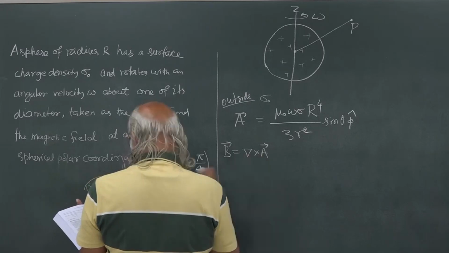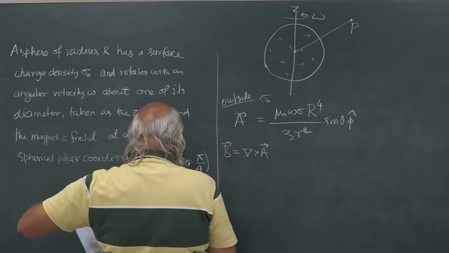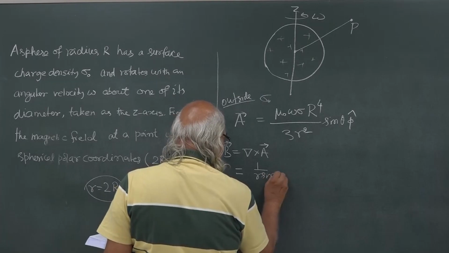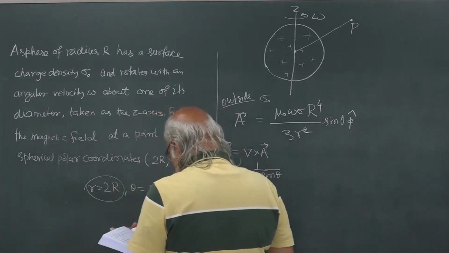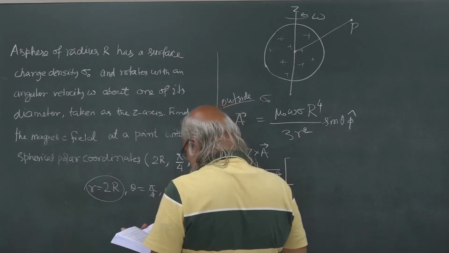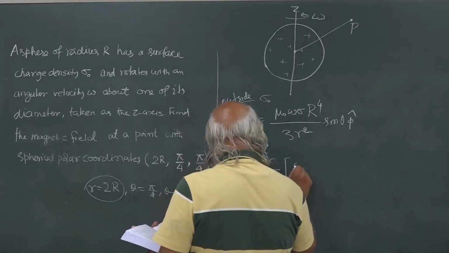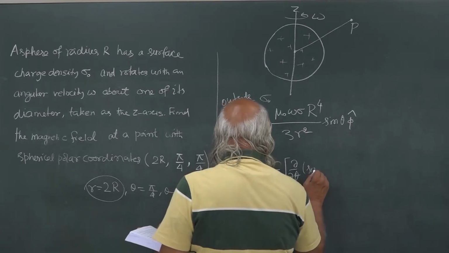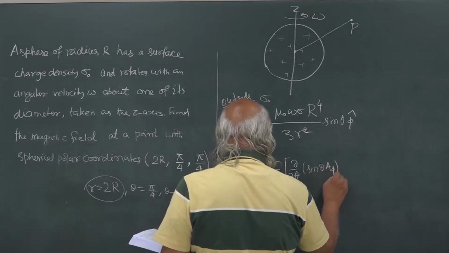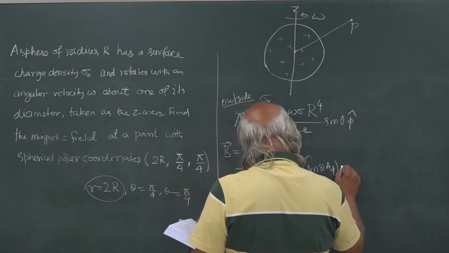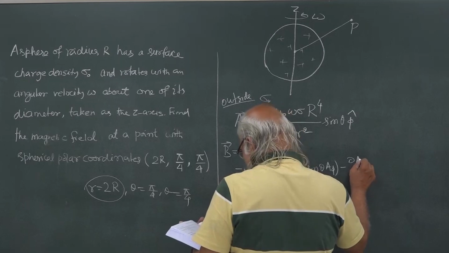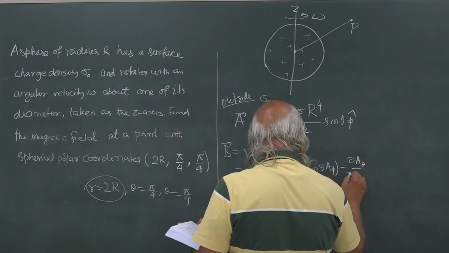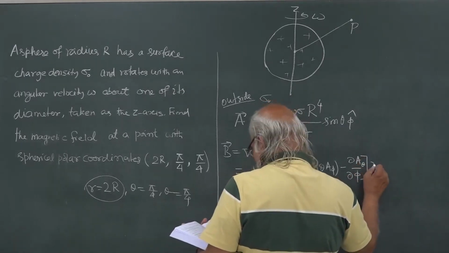curl of A is given by 1 by r sin theta, bracket, del by del theta of sin theta A phi, minus del A theta by del phi, bracket closed, r cap.